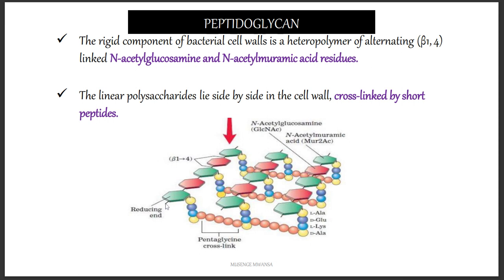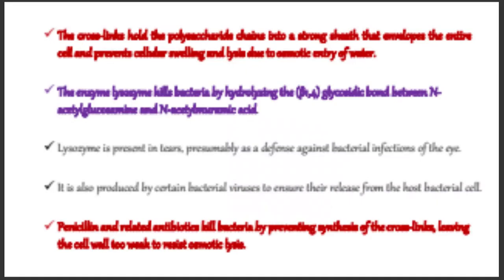You can see this is one linear chain made of alternating units. So if this is N-acetylmuramic acid, this will be N-acetylglucosamine, then N-acetylmuramic acid, just like that. Also these chains lie side by side, and they're connected together by short peptides, basically amino acids.